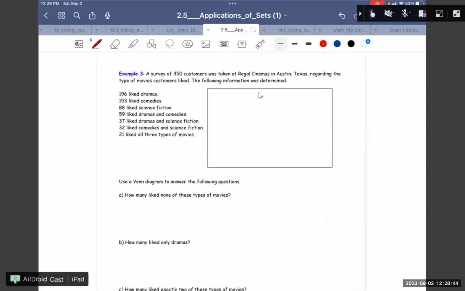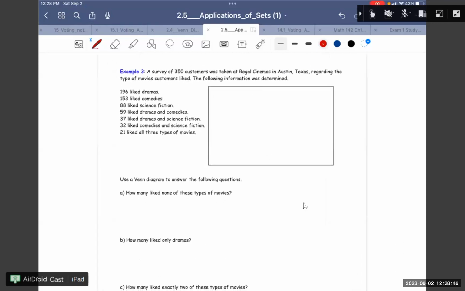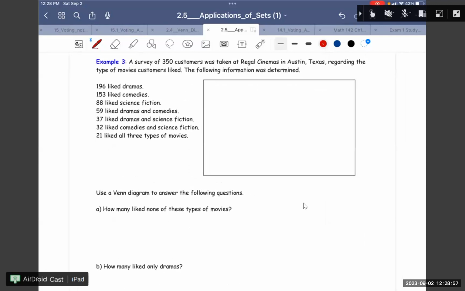So now we have number 3. A survey of 350 customers has been taken at Rio Cinemas in Austin, Texas, regarding the type of movie customers like, and the following information was determined.